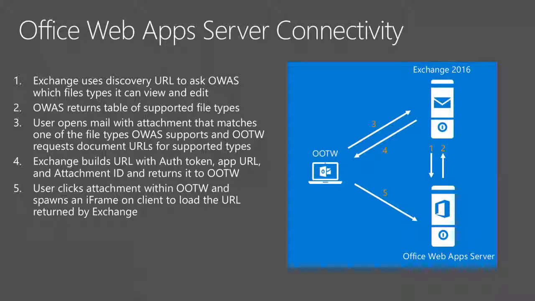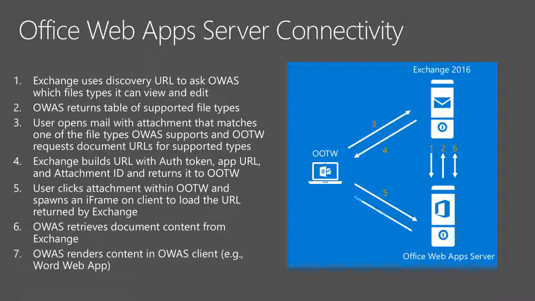And then the user clicks the attachment that loads that iframe that you saw in the side-by-side picture and begins the rendering process of displaying that file within that iframe inside what we would call the OWASP client, like Word Web App or Excel Web App and so forth, or PowerPoint Web App and so forth.